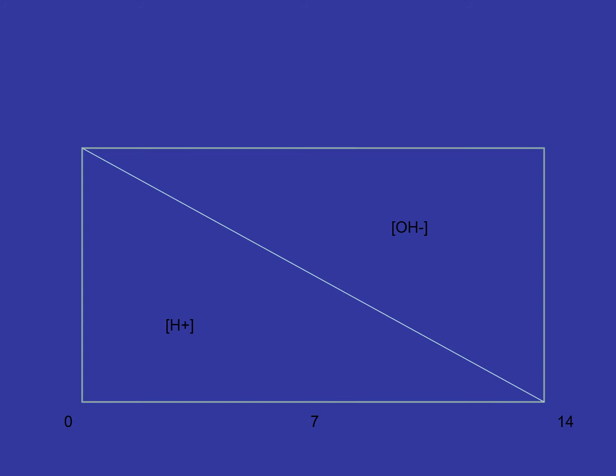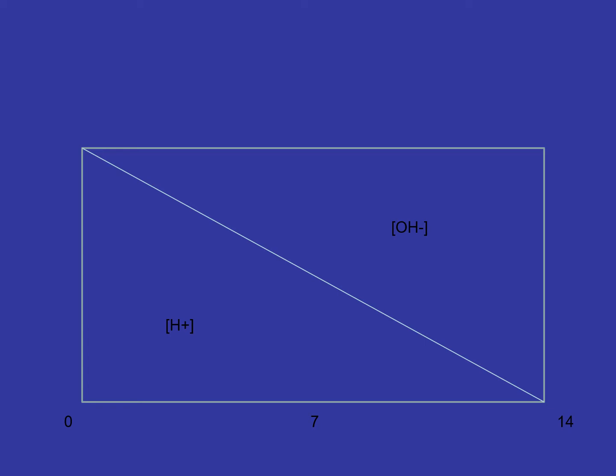So here's a simple graphic you might find useful. The pH scale, again, ranges from 0 to 14. And what we're talking about with pH is the relative concentration of hydrogen ions. Notice the diagonal splitting this figure into two triangles, right?